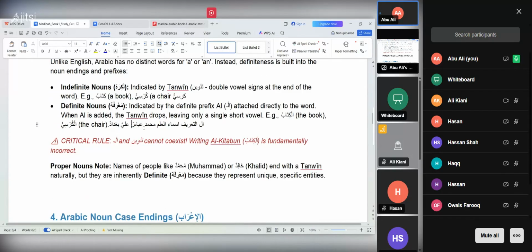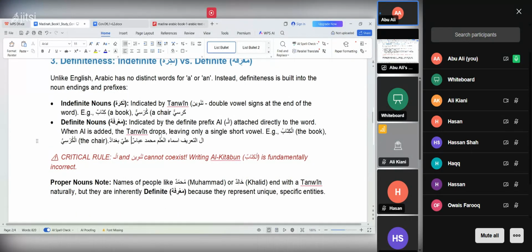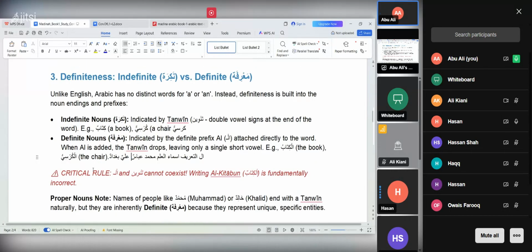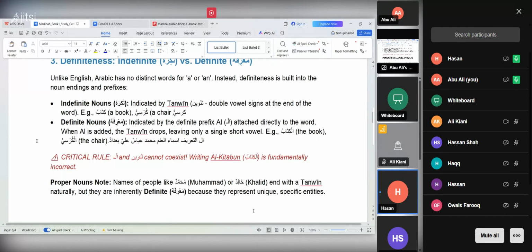By the way, the change in harakat is called declension if you want to search it in English. In Arabic, nouns decline. If you want to Google the concept of declension, I'll put it in the chat.